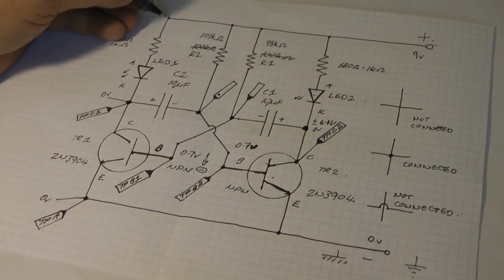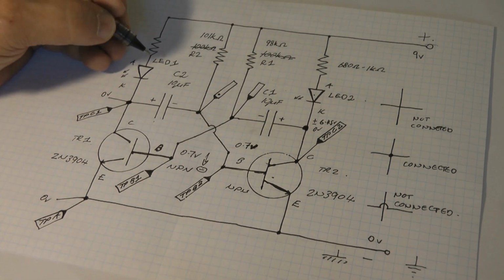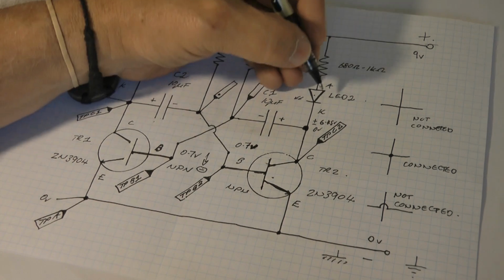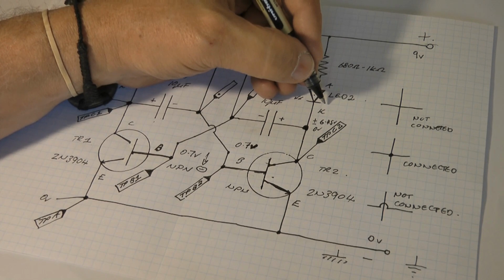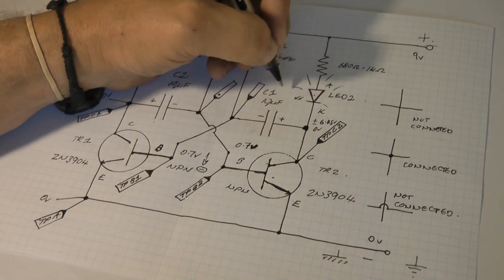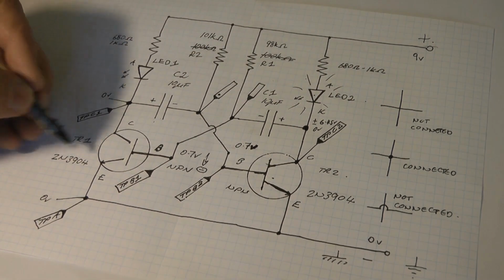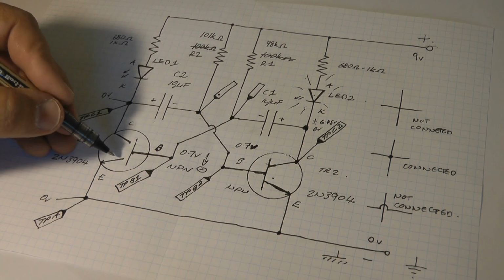Let's just say there's no current flowing through this LED, so this LED is not lit up. So here we've got current flowing through here, we've got 0 volts there, and this LED is making some light.